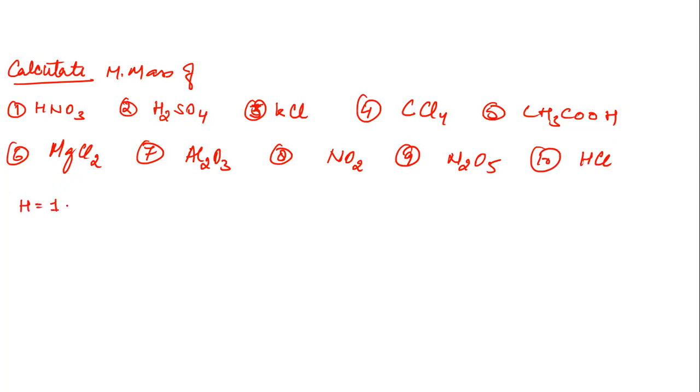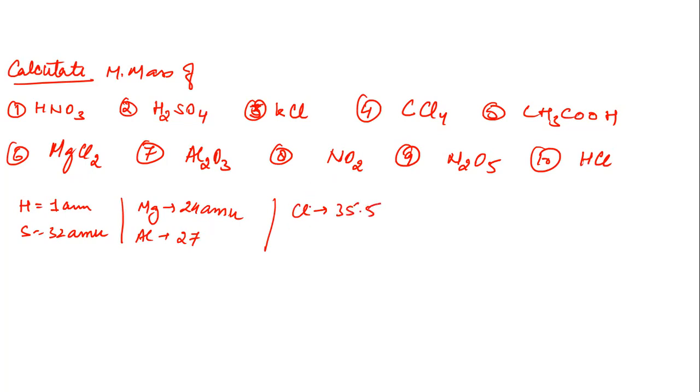Okay, I will give you a hint. Hydrogen is having 1 AMU atomic mass. Sulfur is having 32 AMU. Magnesium is 24 AMU. Aluminium is 27. Chlorine is 35.5. Nitrogen is 14.